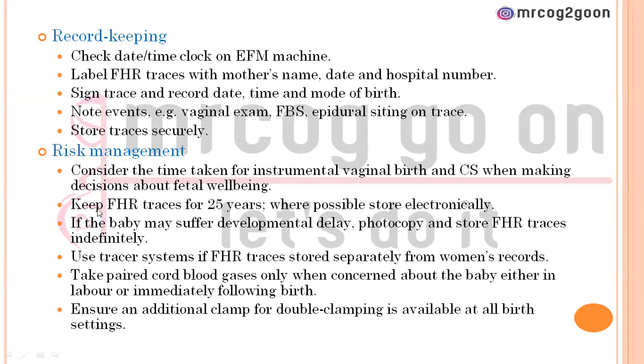The CTG trace can be kept up to 25 years if there was no abnormality, and indefinitely if there is abnormality. And you must have a photocopy of it stored as a paper form, and if it can be stored electronically, this would be better. Okay.